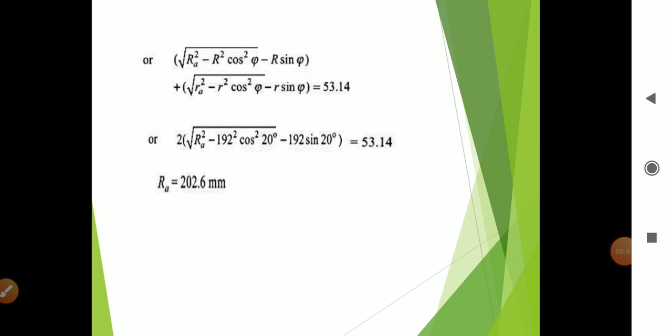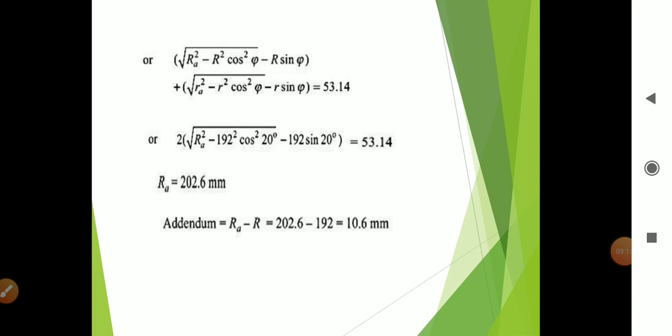From this we got RA equal to 202.6 mm. This is the value of RA. Now we know the value of R and the value of RA, so directly we have to find the addendum. The addendum is nothing but RA minus R, where RA is the radius of the addendum circle of the wheel and R is the radius of the wheel.